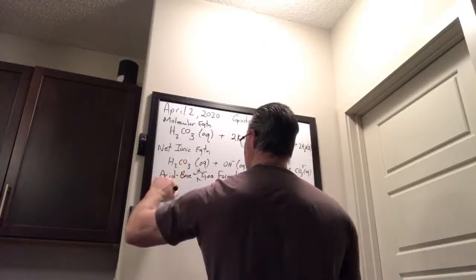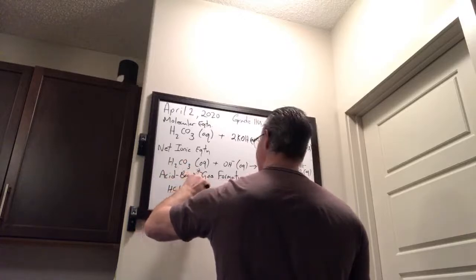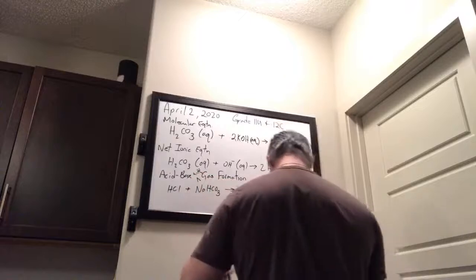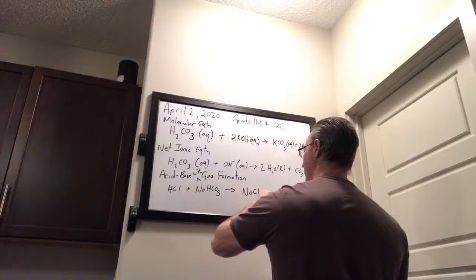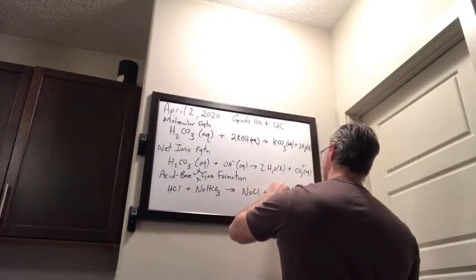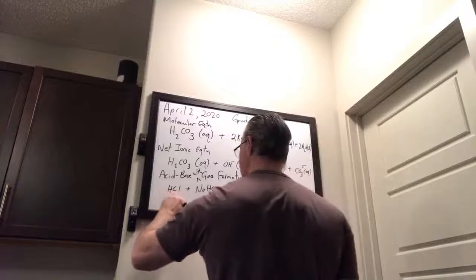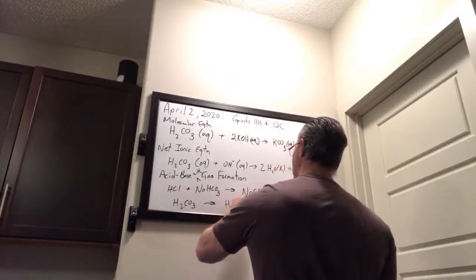If you mix HCl and sodium bicarbonate, you're going to get sodium chloride and carbonic acid. But carbonic acid is unstable. So what happens is it breaks down into water and carbon dioxide.